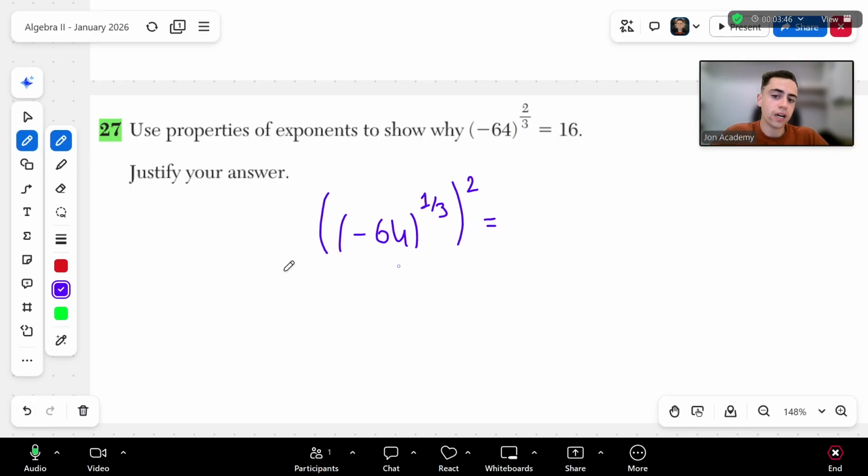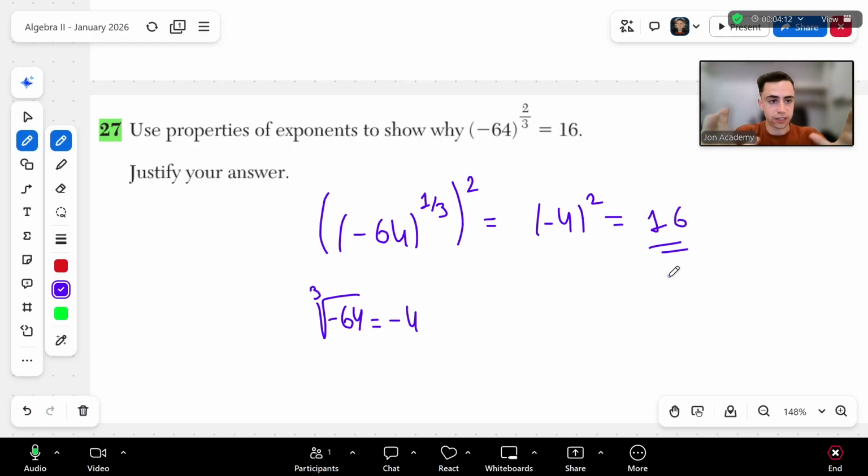And we can do the one inside first, because if you do it on the calculator, basically, minus 64 to the 1/3, the third root of minus 64 is going to be equal to minus 4. And then we're going to get minus 4 squared, which equals 16. Therefore, that's a great reasoning.